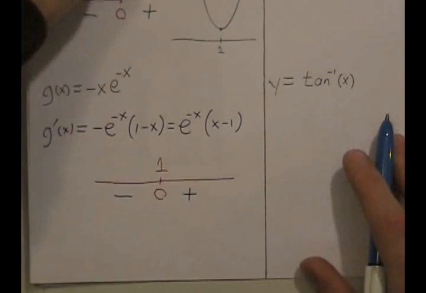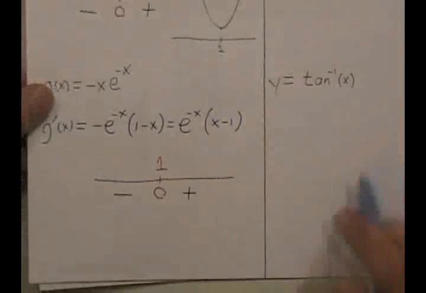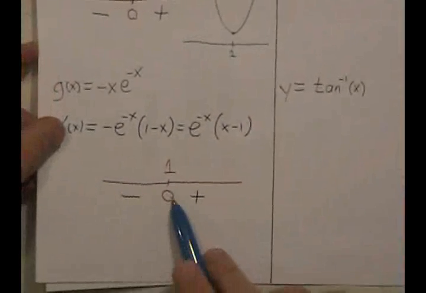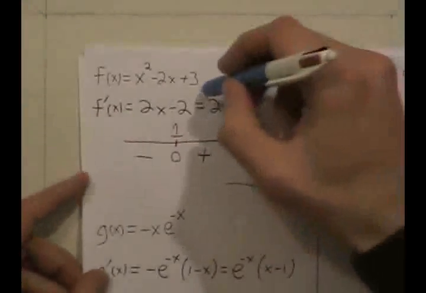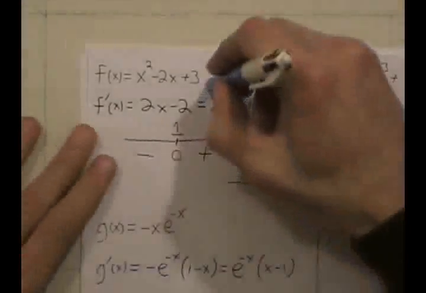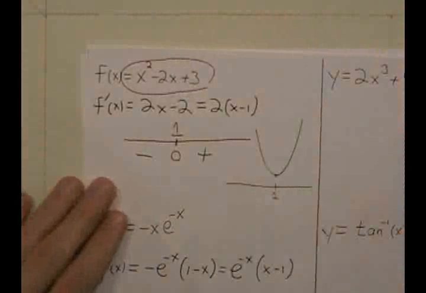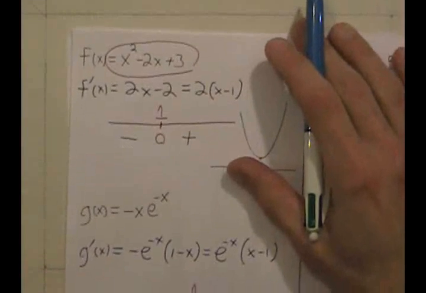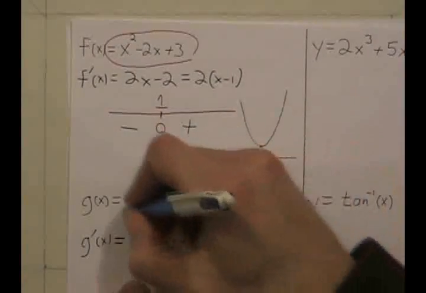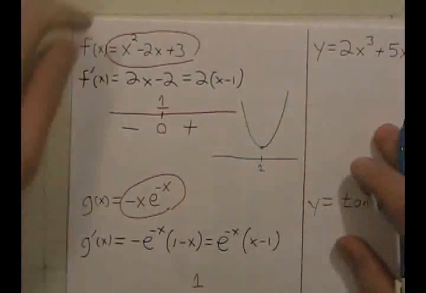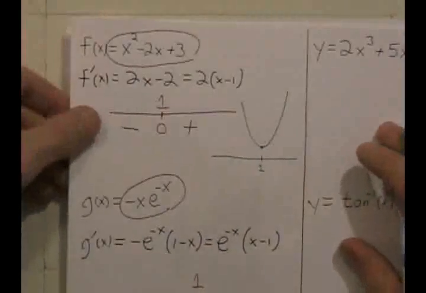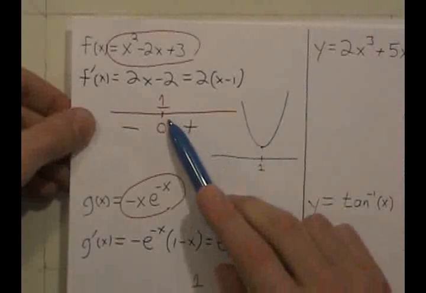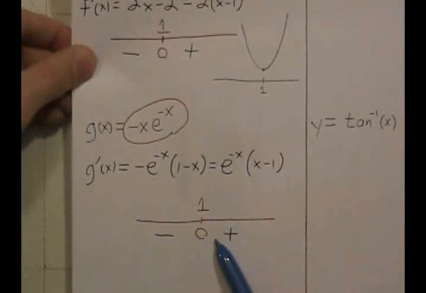Now, the reason that I give you these two examples specifically is notice that this function, which is the predictable parabola, and this thing, which is definitely not a parabola at all, both have derivatives with the same sign chart.